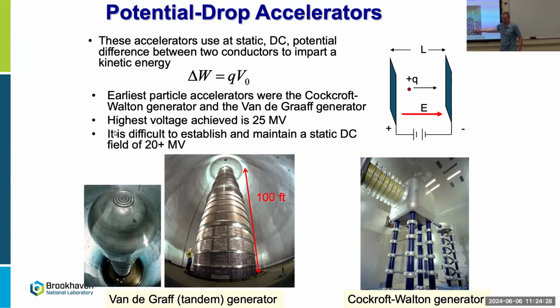This is a photograph from Fermilab. This is the very first machine, the very first accelerator that accelerated protons using the same principle as the Cockcroft and Walton generator. I'll say it in a few words, but then there was also a machine called Van de Graaff.